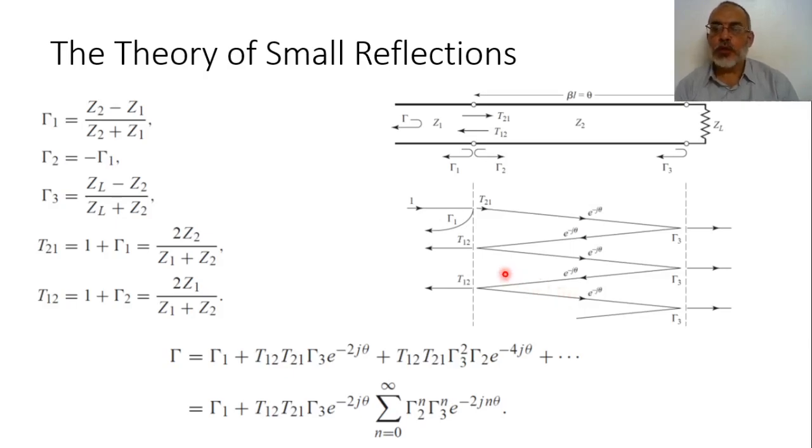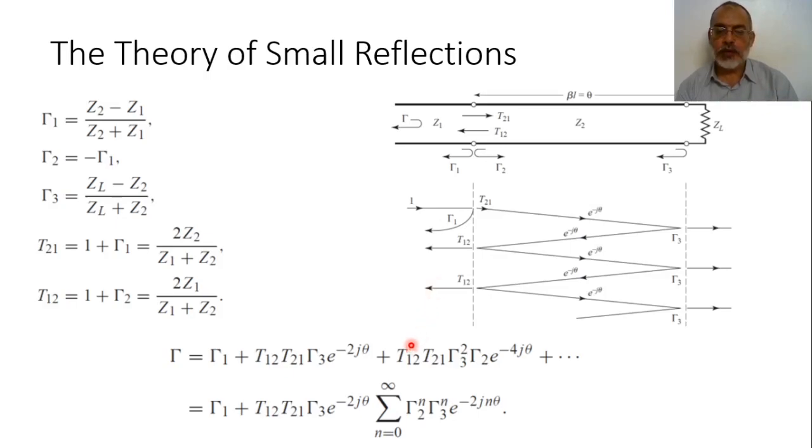Now, let us combine all these parts. We have T21 gamma 3 multiplied by e to the power minus j2 theta multiplied by gamma 2 multiplied by gamma 3, and it reaches this point. At this point, it can be transmitted by T12.